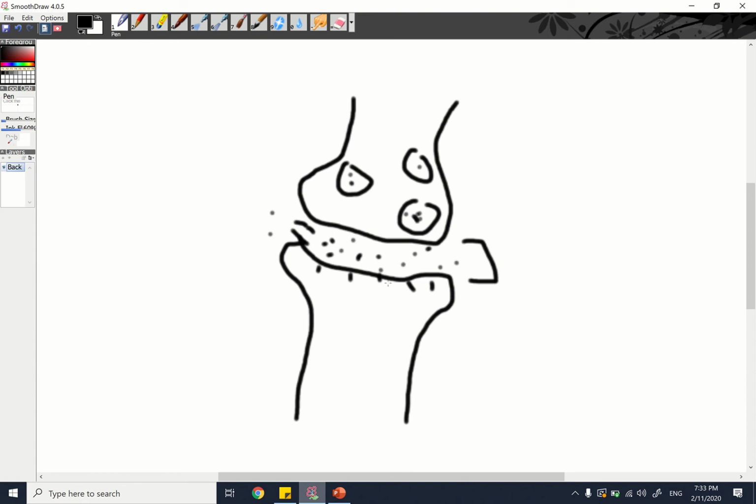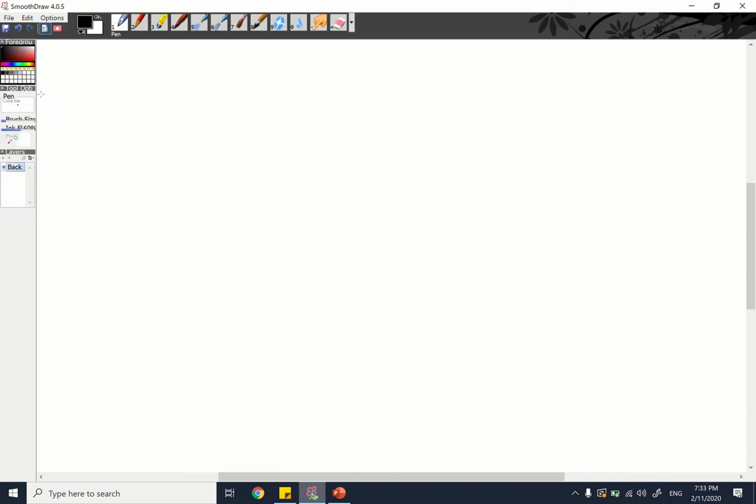Oh, last thing we need to know, reflex arc pathway. So a reflex arc is a stimulus response model where the message isn't processed by your brain.